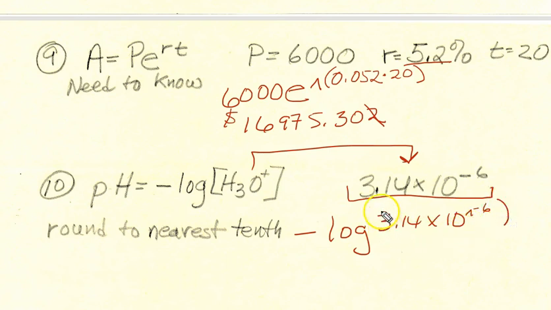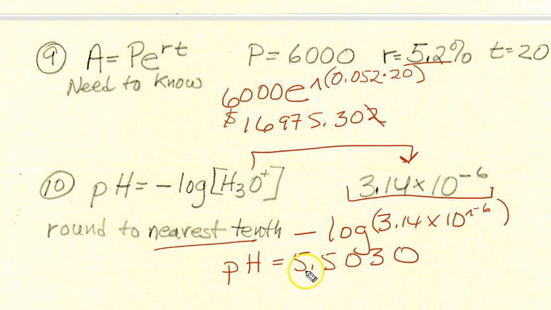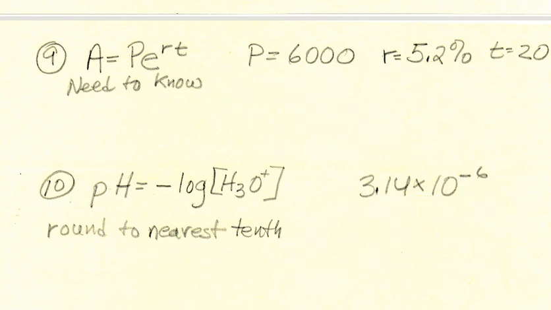Usually you have to close the parenthesis here, and give you a moment to try that to see you get the right answer. So the hydrogen concentration would come out to 5.5030, and it's usually round to the nearest tenth, so in the hundredths place is a 0. So the answer for this one would be 5.5. All right, let's move it up.